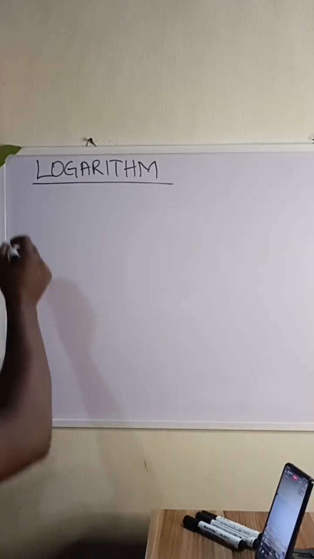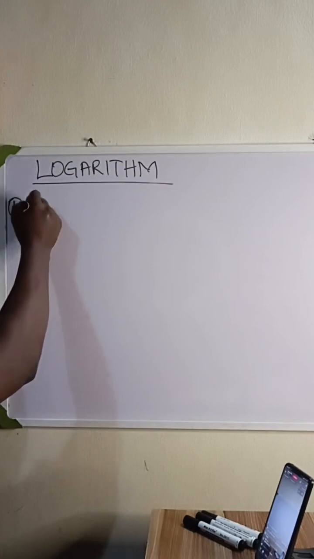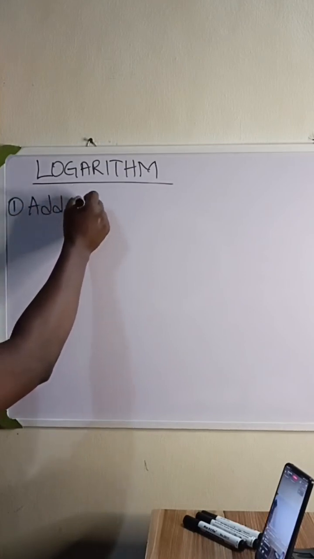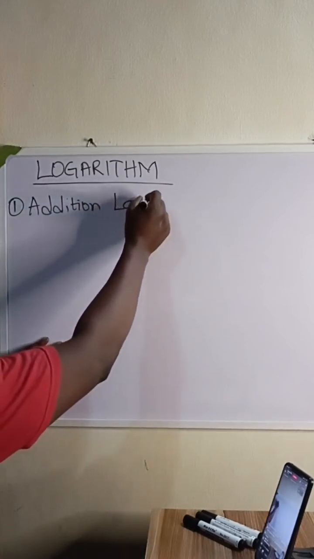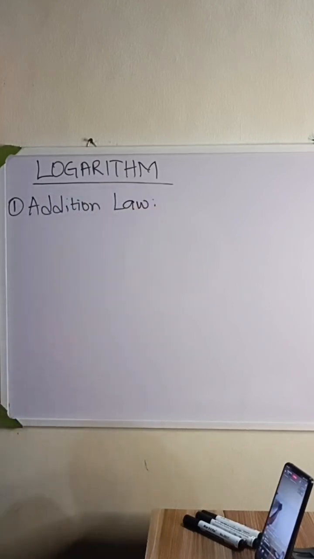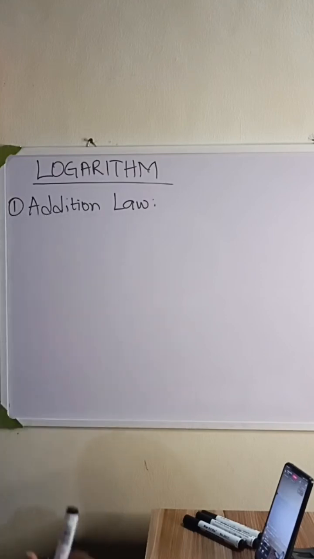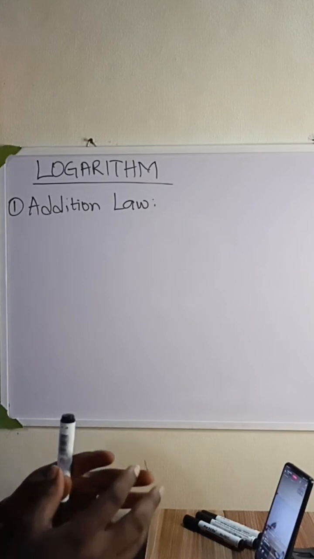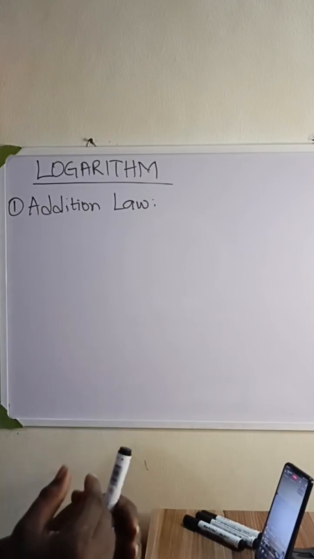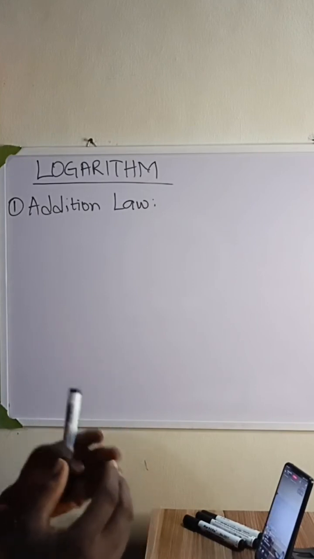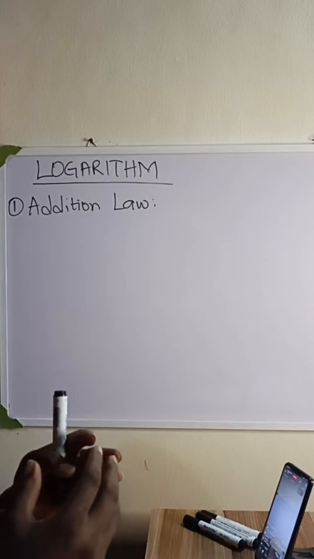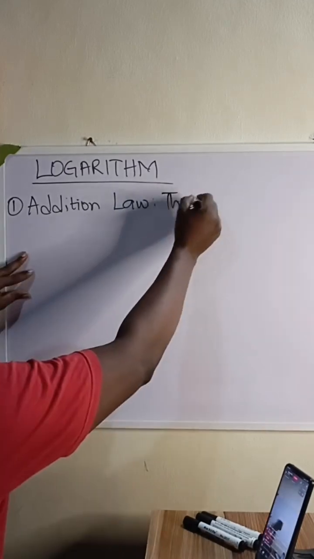The first law is the addition law. So just as we have laws governing indices, we also have laws governing logarithm. The addition law for logarithm states that when you are adding two logarithms with the same base, all you need to do is multiply the ordinary numbers.